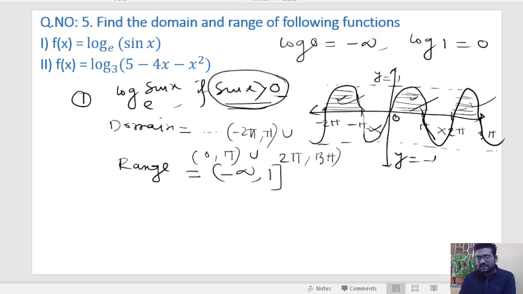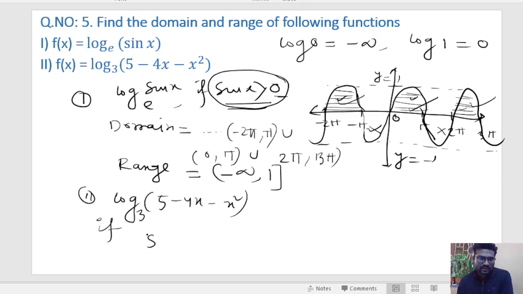Okay, again, second, log of this function, 5 minus 4x minus x square. At first we take 5 minus 4x minus x square greater than 0.